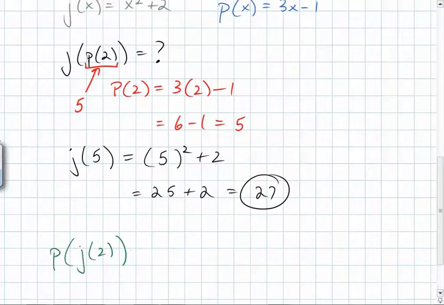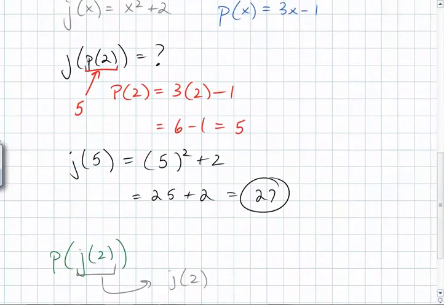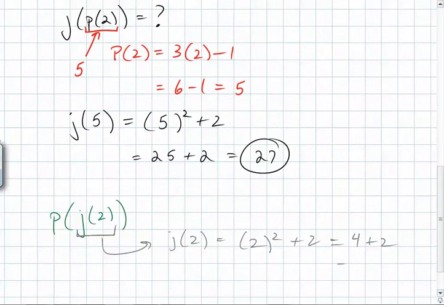So let's say I asked you what p of j of 2 is. It's similar to this, but instead of doing j of p of 2, we're doing p of j of 2. So in this case, I'm first going to have to figure out what is j of 2. Well, j of x is x squared plus 2, so 2 squared plus 2, that's equal to 4 plus 2, so that's equal to 6.